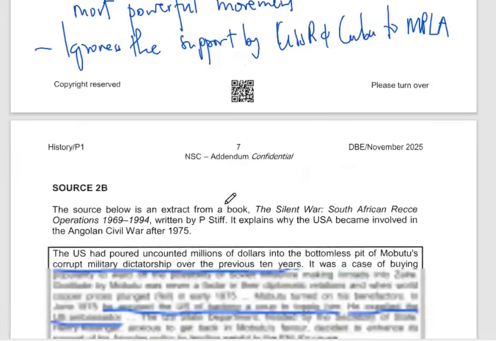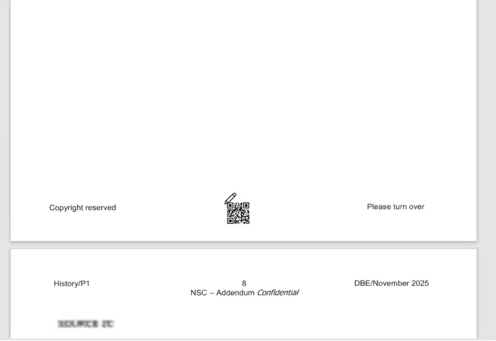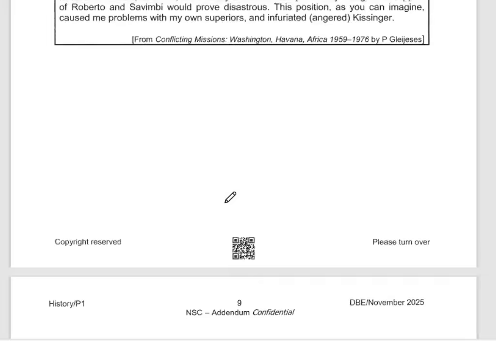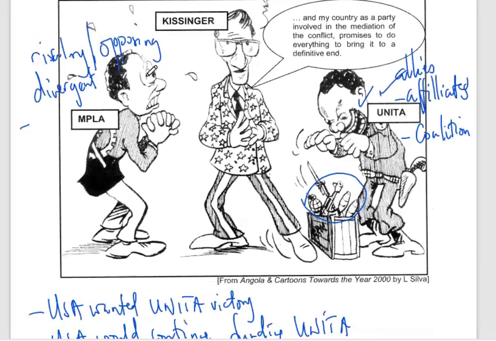How is this idea portrayed here? The idea is portrayed by this facial expression. It shows that the MPLA is being neglected in this mediation by Kissinger. Kissinger is biased towards UNITA. If you can see, he's pushing aid on this side, which means he did not want this side to succeed.